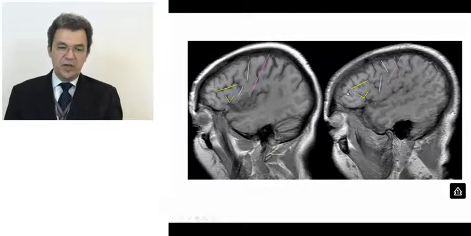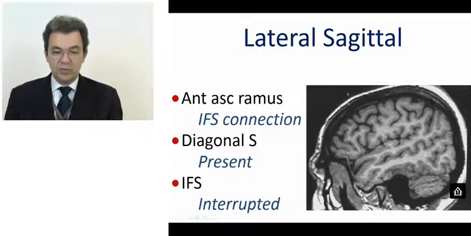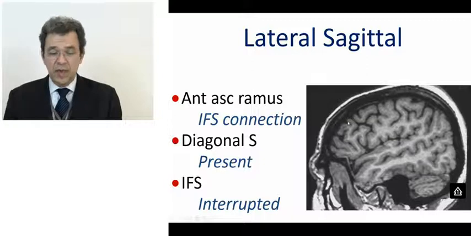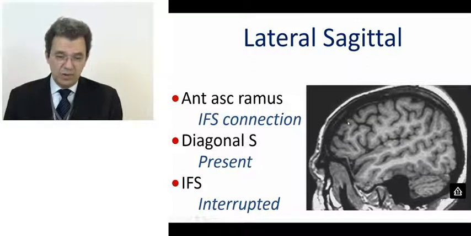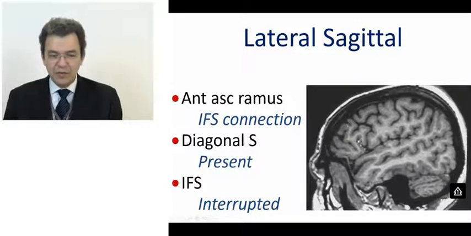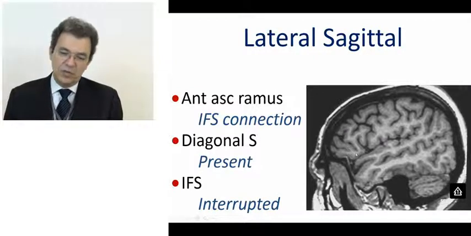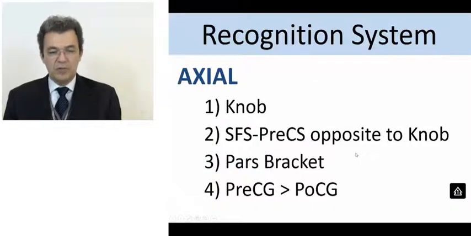It's just a matter of training and using easy cases first, because you will always have abnormalities or variations. Here, for instance, your V, this one, doesn't stop, it just communicates with the inferior frontal sulcus. The inferior frontal sulcus is interrupted by a bridge here connecting the middle frontal gyrus with the inferior frontal gyrus, and you can have more of these variations.